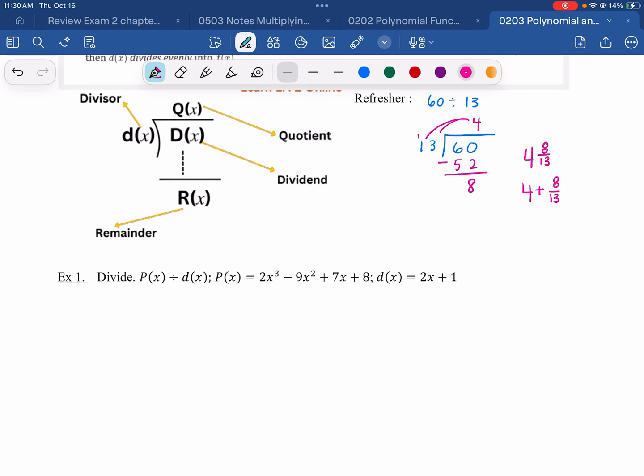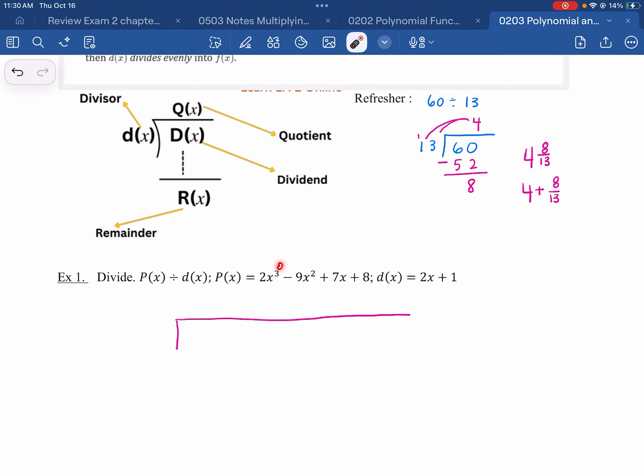So we're going to take p of x, and we're going to divide it by d of x. So p of x is what's going to go in our box. You always want to make sure what you're dividing into, our dividend, has descending order and a spot for everything.